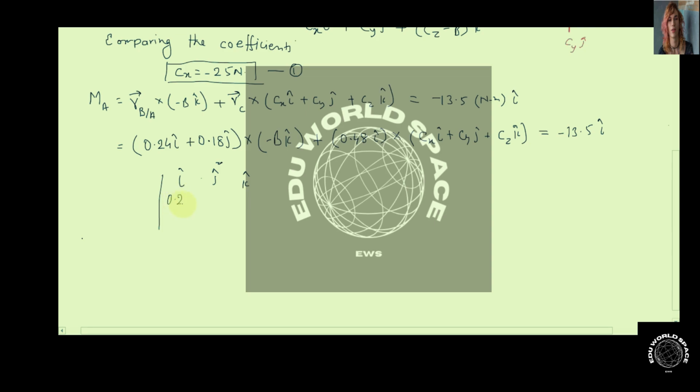The coefficients of the position vector are 0.24, 0.18, 0, and here 0, 0, minus B. Now we can do the same for the second set: i cap, j cap, k cap, then 0.48, 0, 0, then Cx, Cy, Cz, and it should be equal to minus 13.5 i cap.